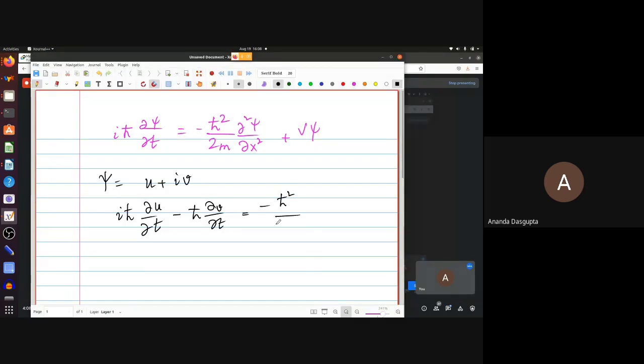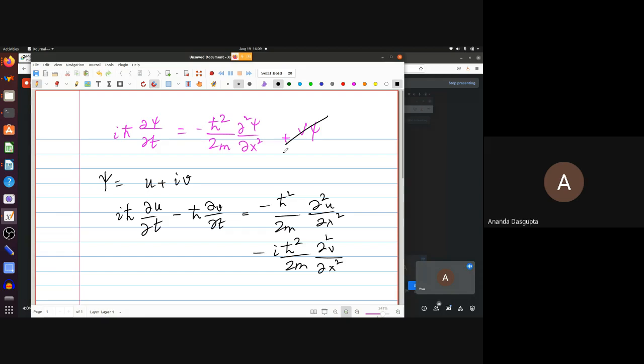Okay, minus h cross square by twice m. So let's even forget about the potential for the time being. Let's just talk about the free particle and see what happens. So all I've done is drop the potential. So you have the free particle Schrodinger equation.